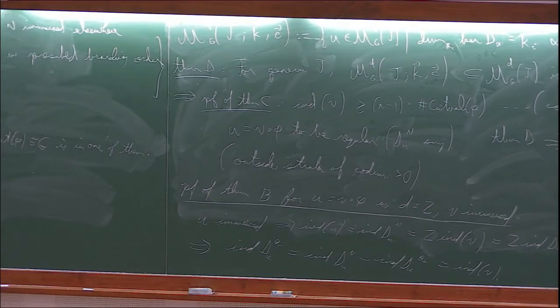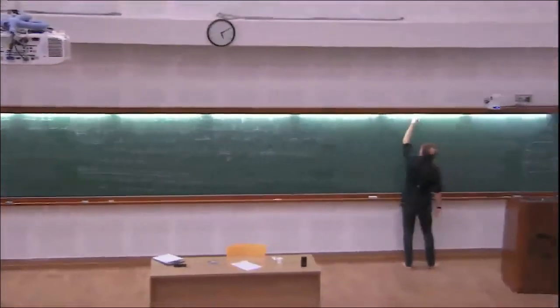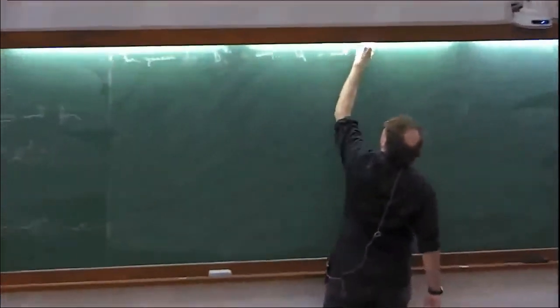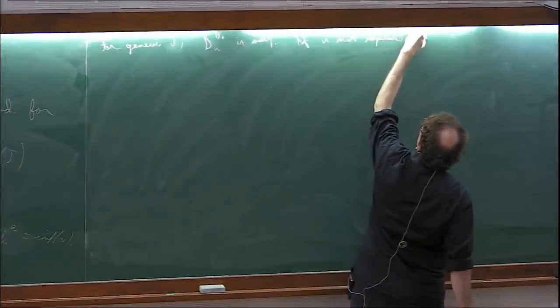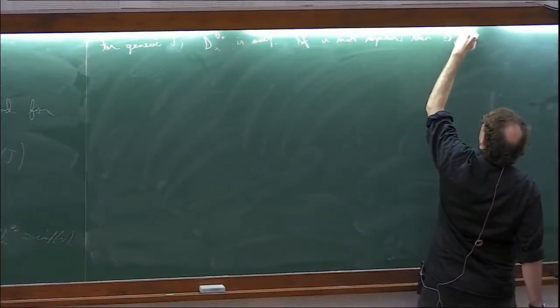So I just need to understand what happens to D_u theta minus. Now, if u is not regular, then D_u theta minus is not surjective.